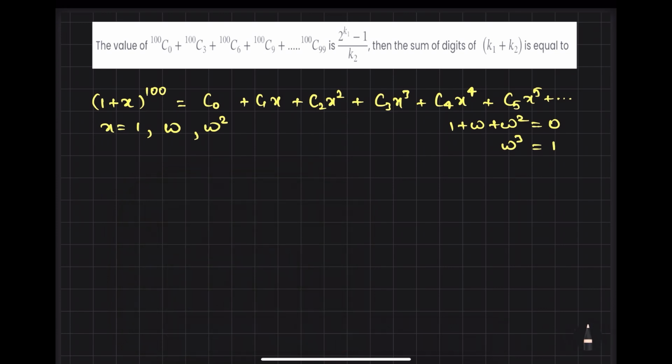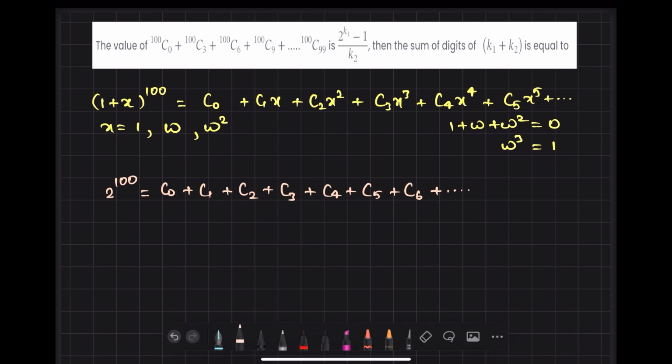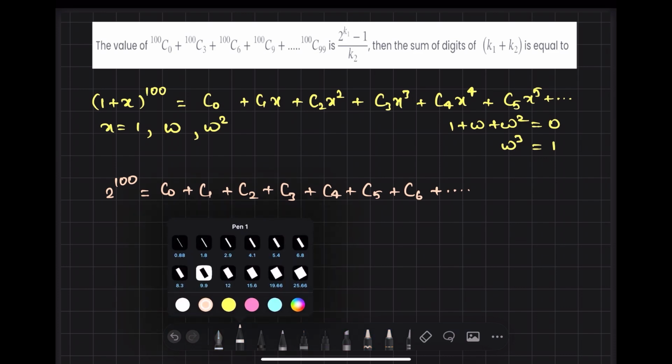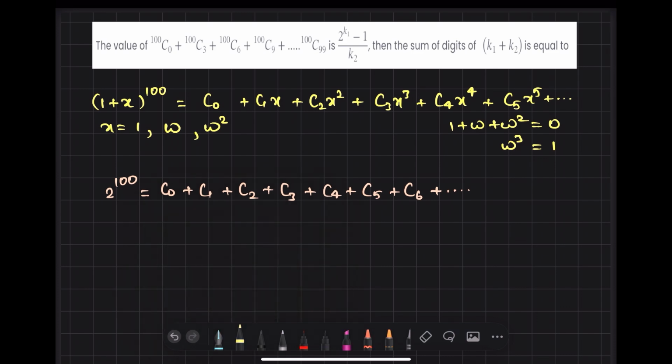So first I will take x as 1, so it will become 2 power 100 equals C0, C1, C2, C3, C4, C5, C6, dot dot dot. Now later we will replace x with omega.